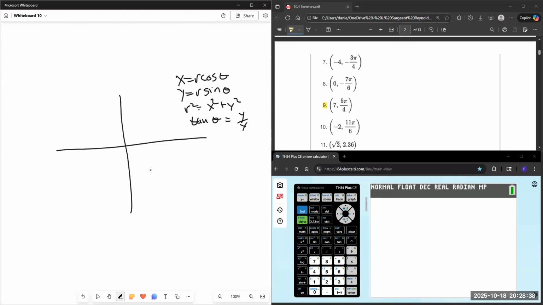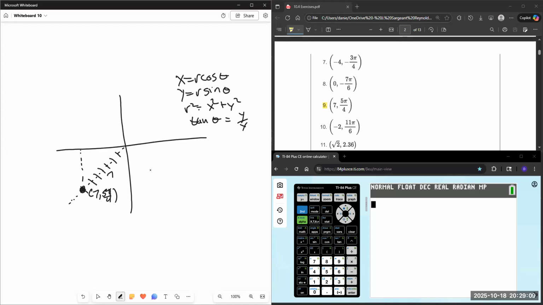We're facing in the direction of 5 pi over 4, so we're on this ray here somewhere, and we're a distance of 7. So 1, 2, 3, 4, 5, 6, 7 is right there, our point, 7, 5 pi over 4. If we look at this now with our right triangle trigonometry, what are our x and y components?